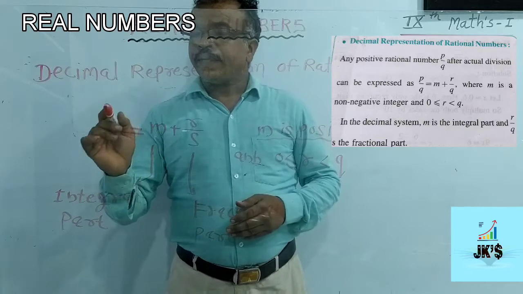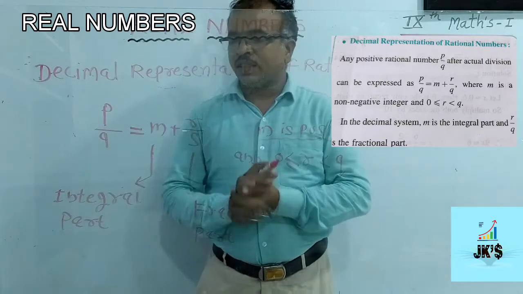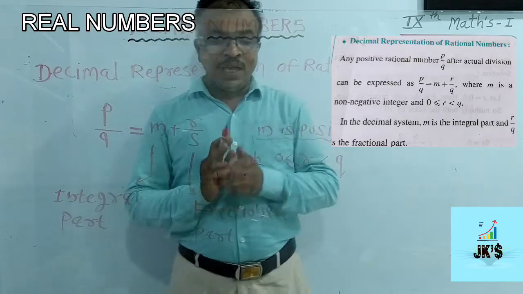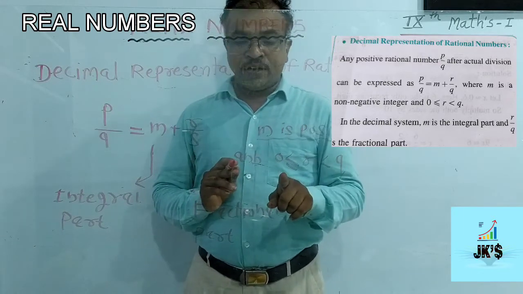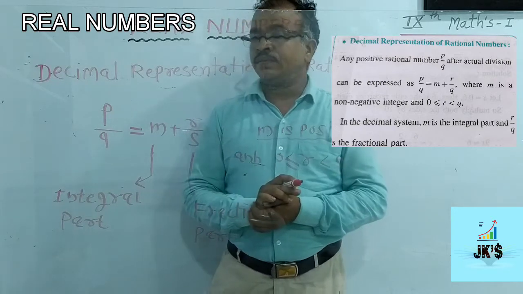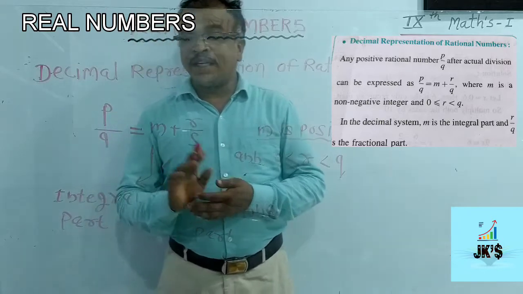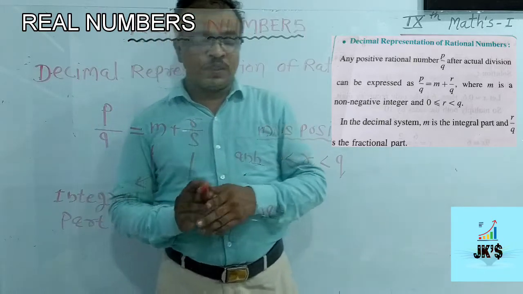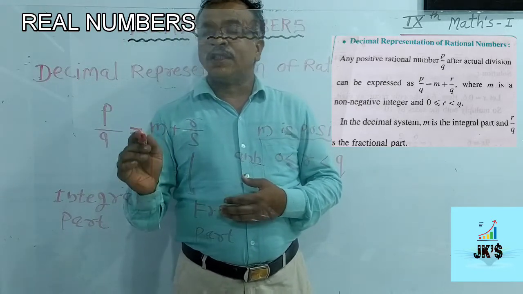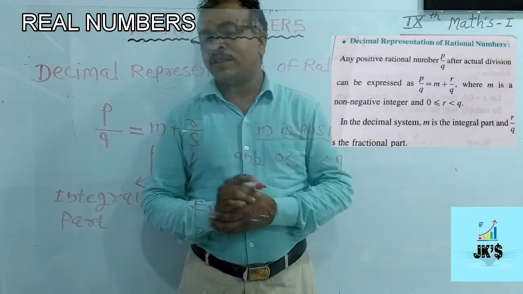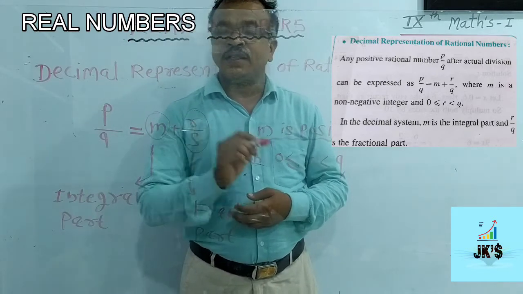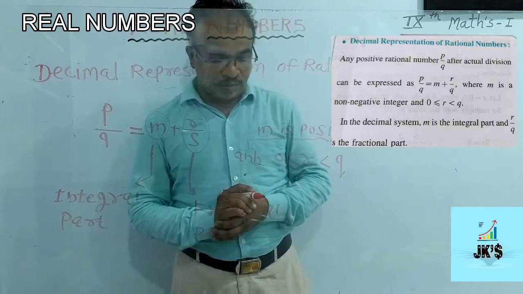It can be written as P upon Q equals M plus R upon S, where M is non-negative, and R is greater than or equal to 0 and less than Q. Then M is known as the integral part and R upon S is known as the fractional part of the rational number.